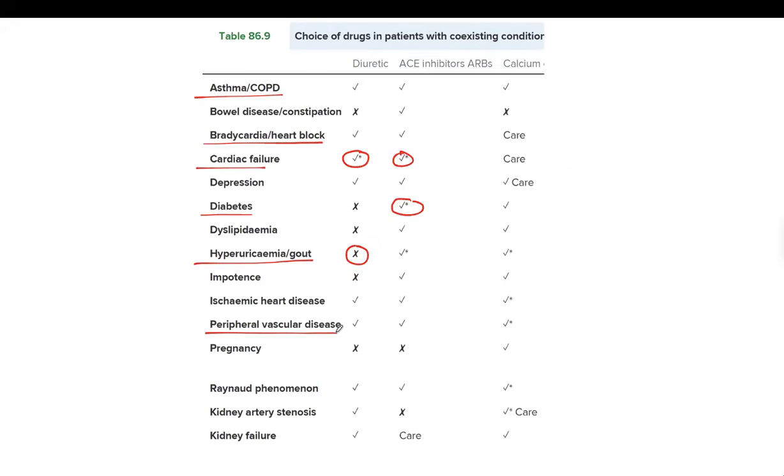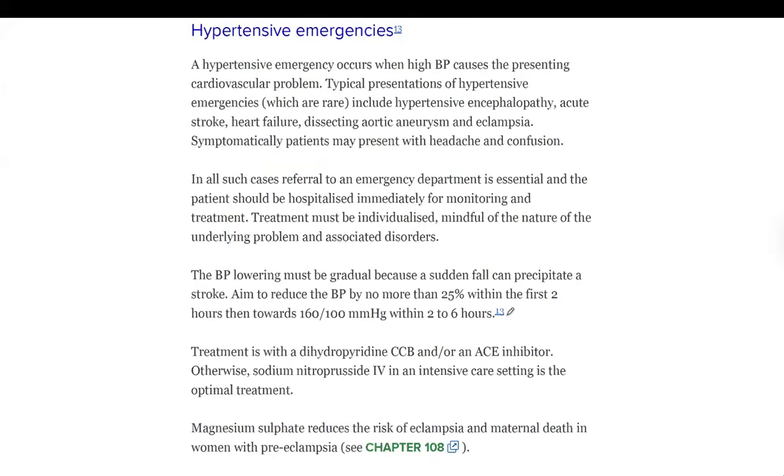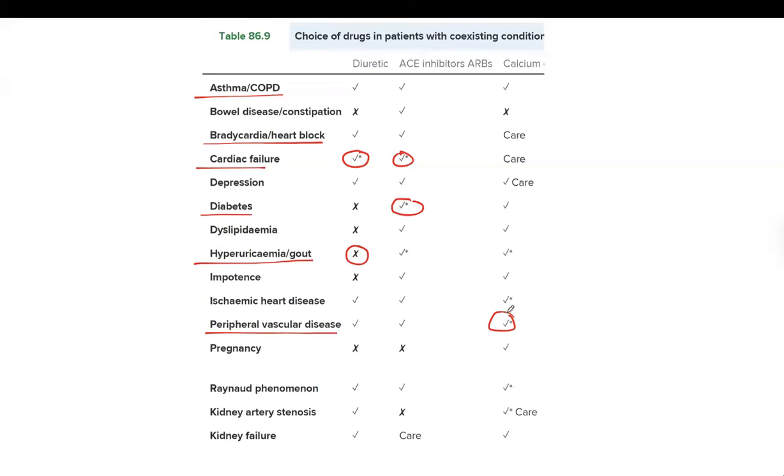For peripheral vascular disease, the best will be calcium channel blocker because it can open up the narrow artery, right? So for peripheral vascular disease, if we need to give a blood pressure medication, calcium channel blocker should be our choice. Same with a patient with Raynaud phenomenon, calcium channel blocker is better.